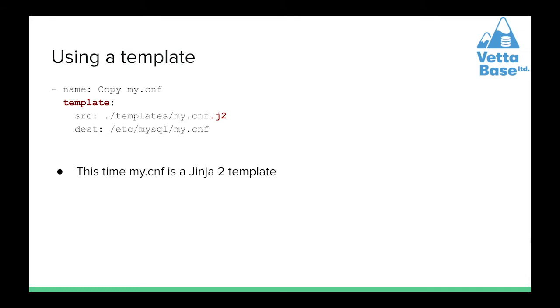Again, it's just a convention, and it means that the template is written in a template language called Jinja 2. Well, it's called Jinja version 2. And the file, of course, must be uploaded to the remote server in /etc/mysql/my.cnf.